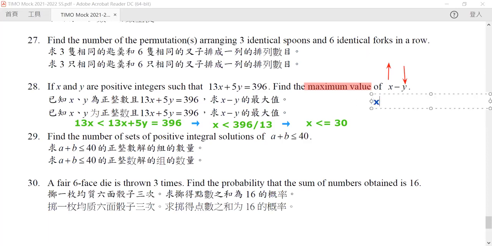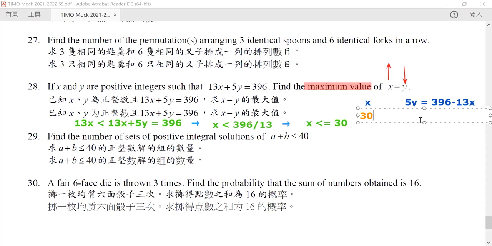Okay, so let's find it the hard way, x and y. We know that 5y is equal to 396 minus 13x, right? So given the value of x, we can find out whether there is a y for it. So for x equal to 30.